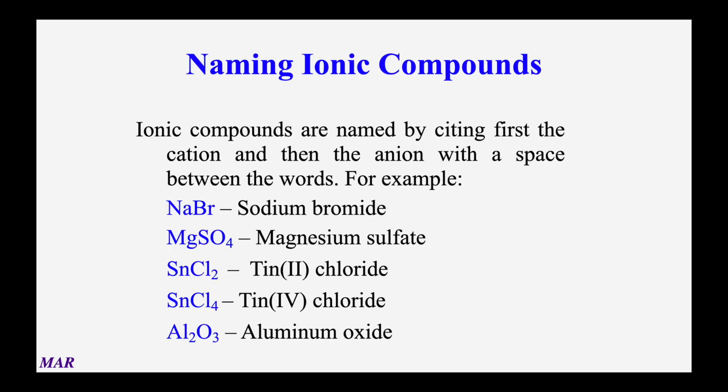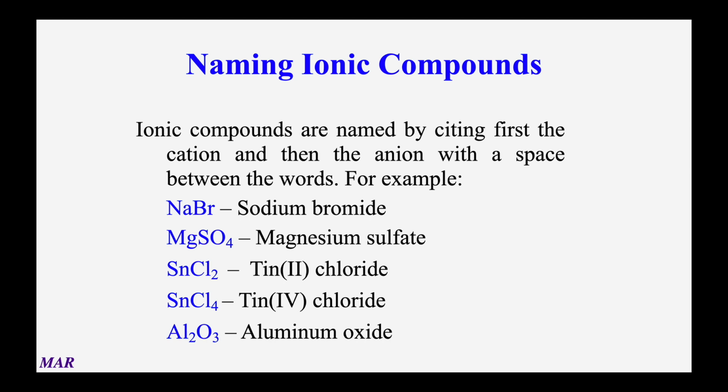To name compounds, you put the name of the cation with a space and then the name of the anion, and the name must reflect the formula, and there are going to be special rules for these kinds of things. Now, some of these make sense, and remember the anion gets the -ide ending.